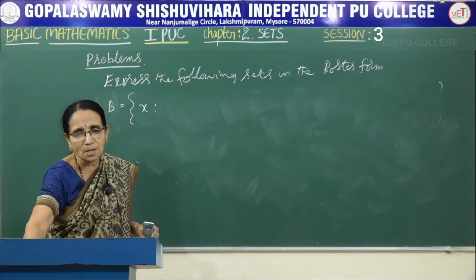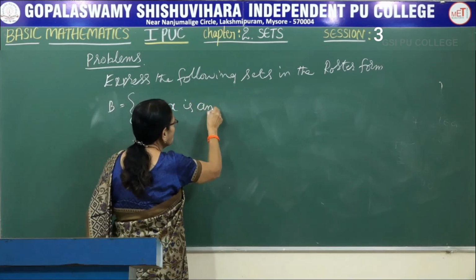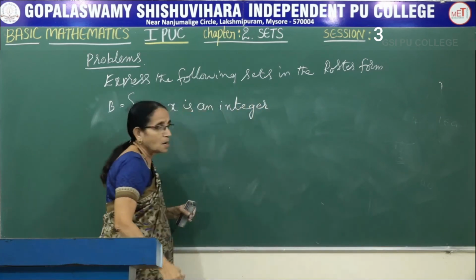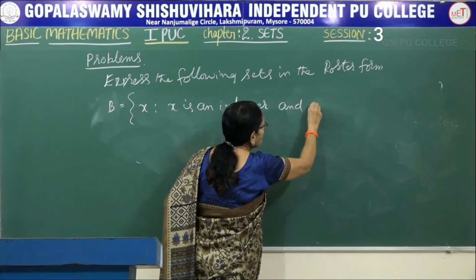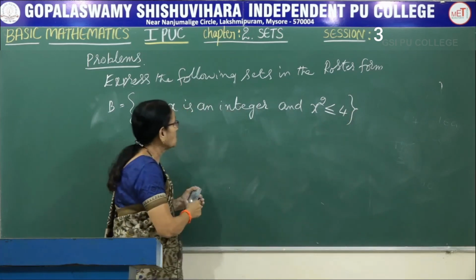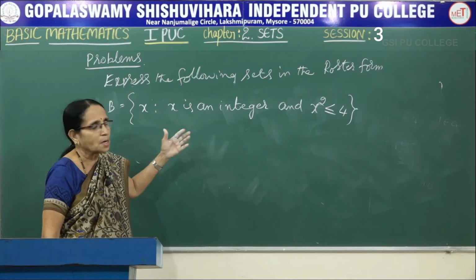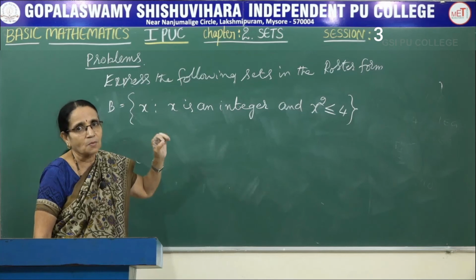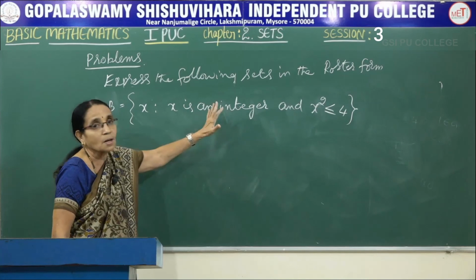So, the set B contains all x such that x is an integer and one more condition is given, x square is less than or equal to 4. Look here, if I simply say x is an integer, you have to write the positive integers, negative integers, 0. That is nothing but the standard set I or Z which I had given in the first session. Now, x is an integer means you have to take all the integers.